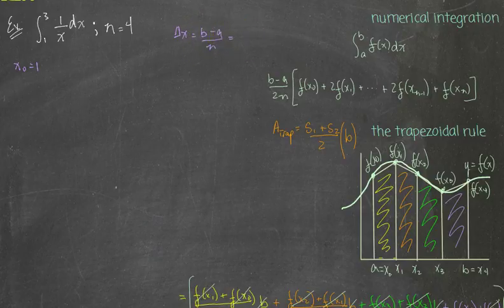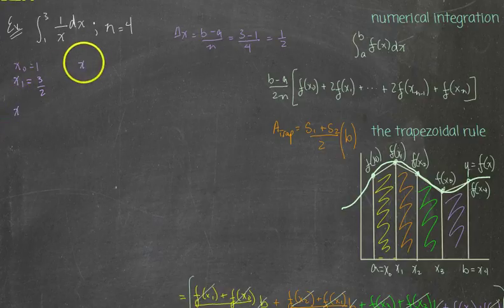So b is 3 minus a, which is 1, divided by 4. So we have 3 take away 1 is 2, so 1/2. So each subinterval is going to increase by 1/2. So x0 is 1. x1 then would be 3/2. 1 plus 1/2 is 3/2.